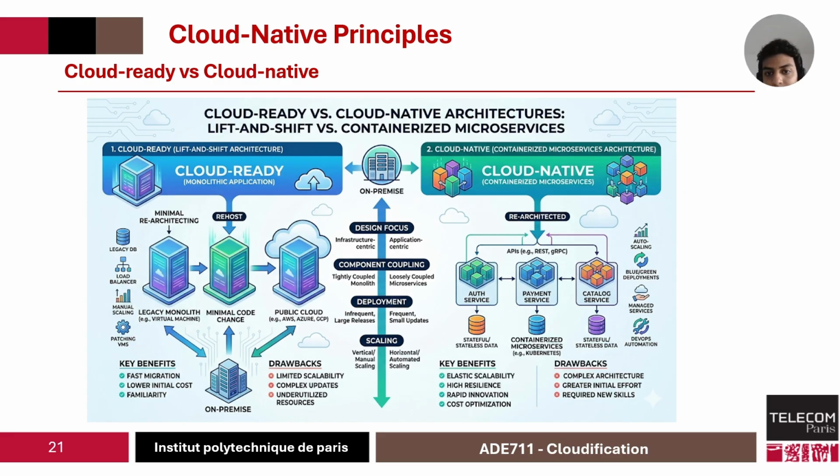In cloud native, you have some services that are centralized, and you can also have containerized microservices. The key benefits are elastic scalability, high resilience, and quick cost optimization. But cloud ready can have limited scalability, complex updates, underutilized resources, etc.